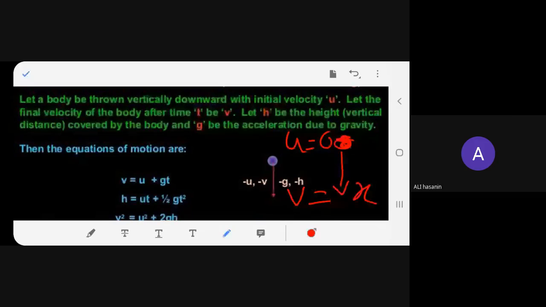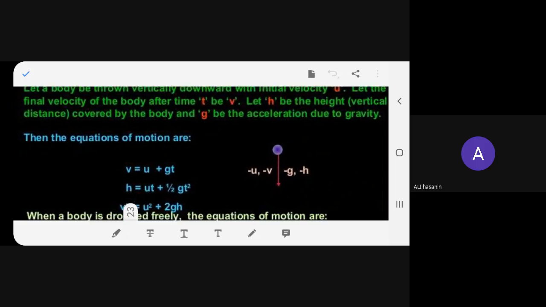What is the height by which it travels? It's h. How much time does it take? t. You got it now? This is what we have to understand. So you got the idea? Yes, ma'am. Fine.